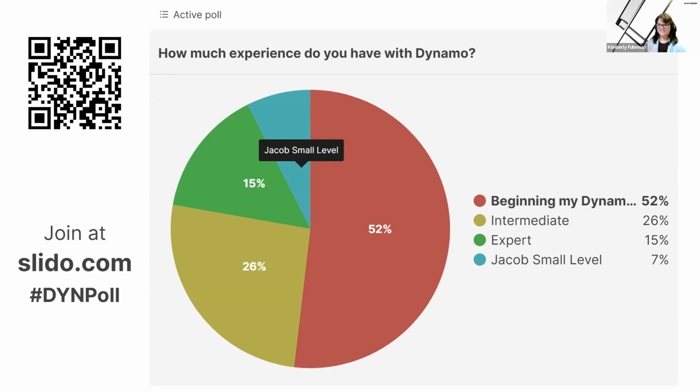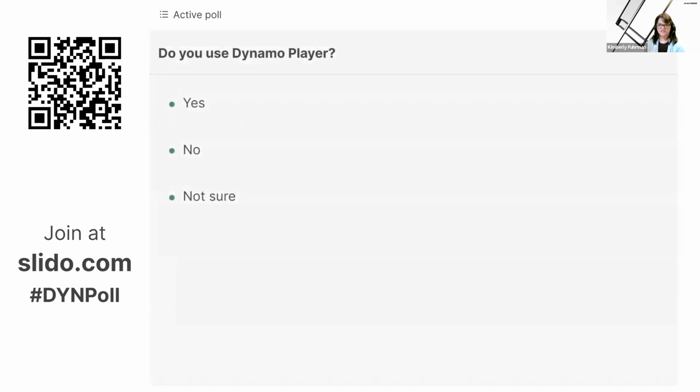All right, Lilli, do we want to jump to another question, or is there a slide for the roadmap? There's a slide for the roadmap. Okay, there is another Slido question, I didn't know if you wanted to go ahead and do that. All right, the next question is, do you use Dynamo Player? And we'll go to the next slide.